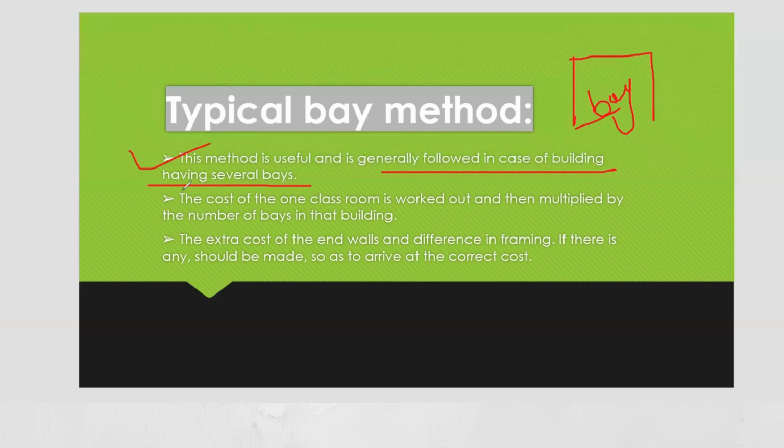So the cost of one classroom is worked out and then multiplied by the number of bays in that building. The extra cost of the end walls and difference in framing, if there is any, should be added so as to arrive at the correct cost. That is the typical bay method, which we discussed.